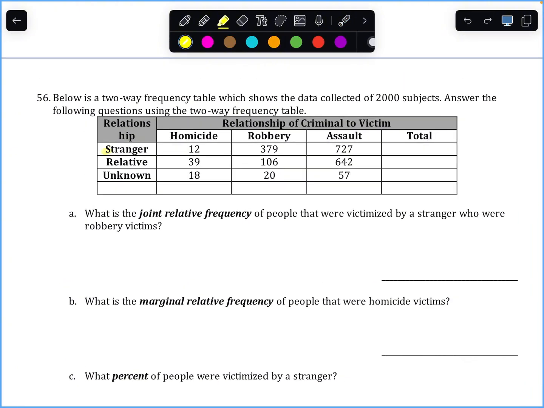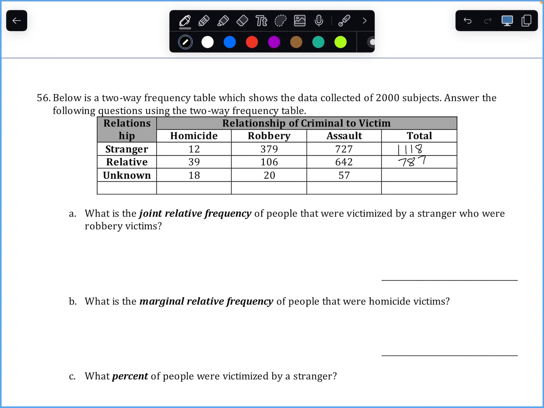Chris, what did you get for this first row, for the relationship was a stranger? 1,118? Yeah. Okay, let's go with Emily. What'd you get for the relative relationship row? 787.